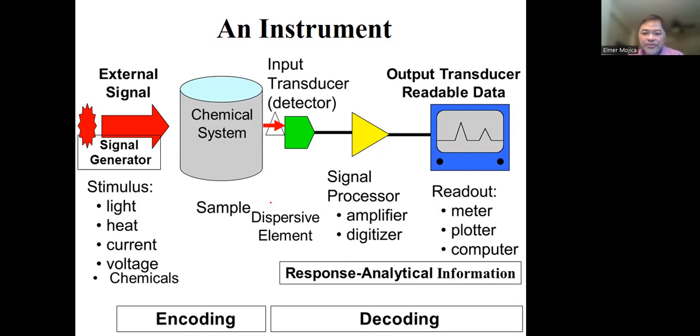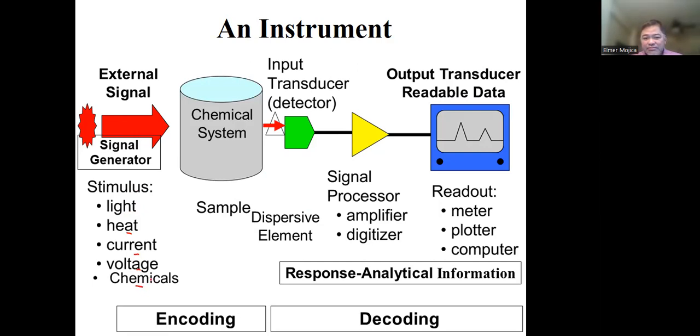So whenever you have an instrument, you just try to look at a particular chemical system there. So the way that you have there, you're trying to apply a stimulus in the form of light, heat, current, voltage, or maybe other chemicals to your analyte.